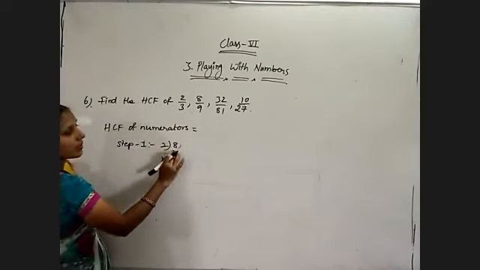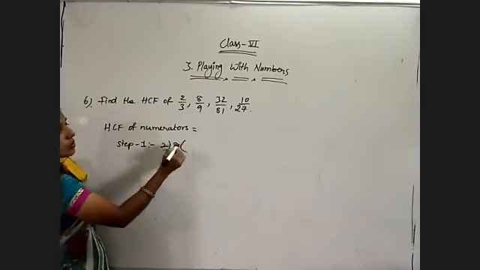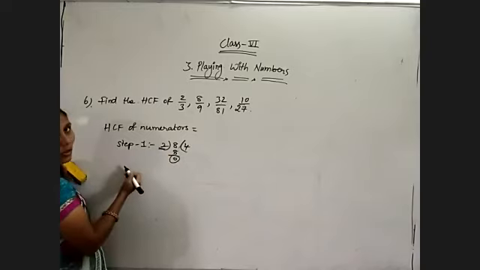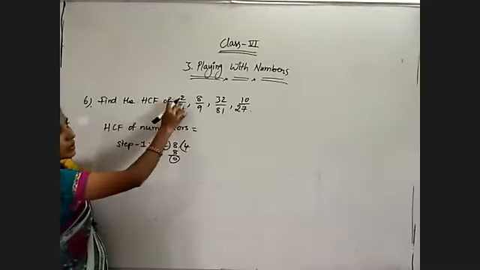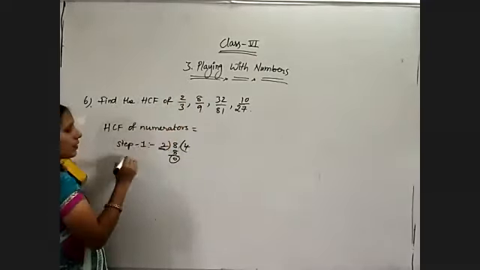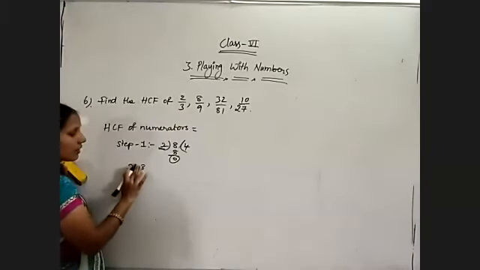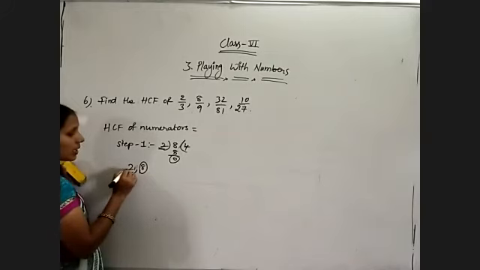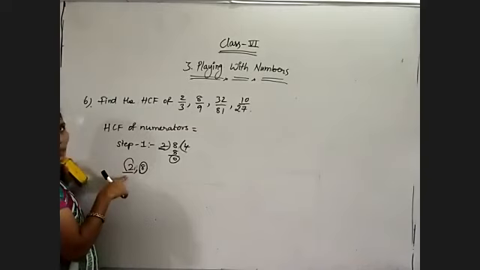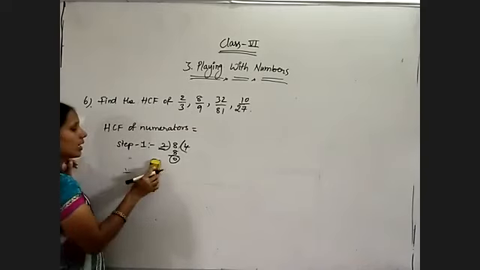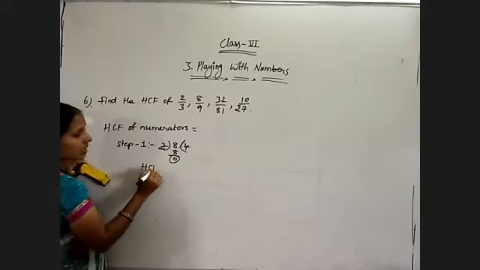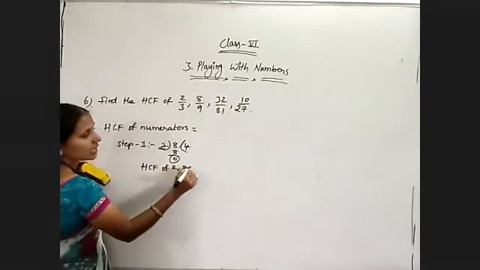Divide the greater number by the smaller number. 2 4s are 8. HCF of 2 and 8 is 2, because in the 2 table you will get 8. So one number is a multiple of the other number. In that case, the multiple is the LCM and the smaller number will be the HCF. I told you the greater number is LCM and the smaller number is HCF. So HCF of 2, 8 is equal to 2.